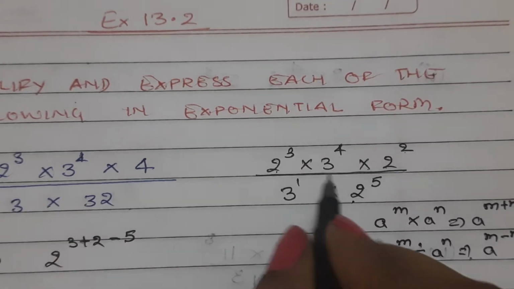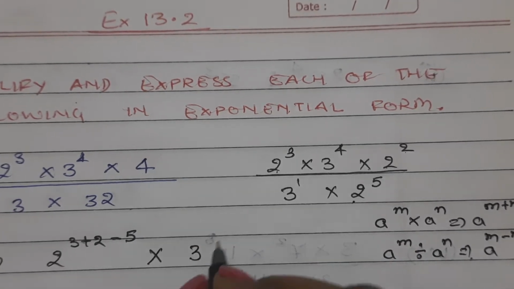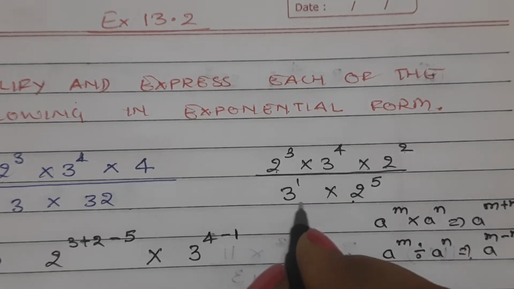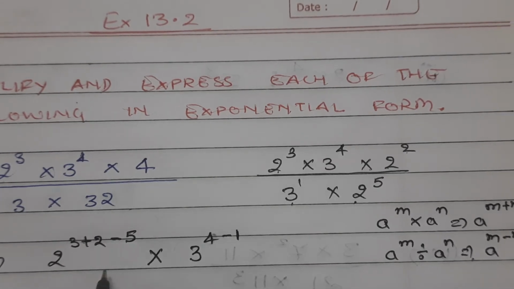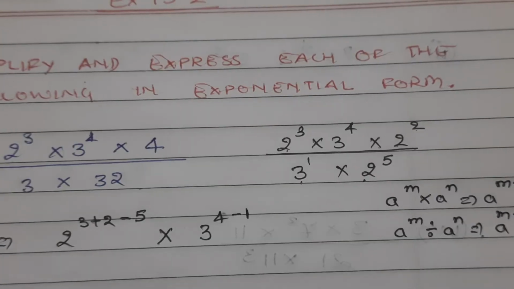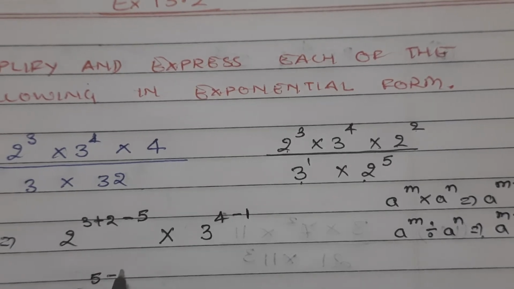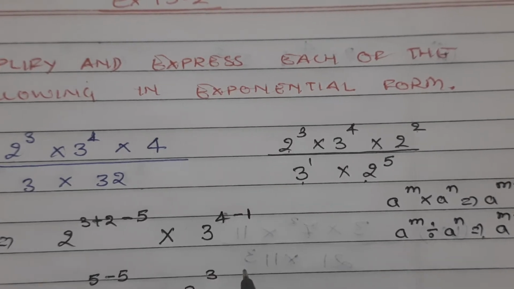So this way we have finished this into 3 to the power 4 minus 1. As this is in the division form, the answer will be 2 to the power 5 minus 5 into 3 to the power 3.